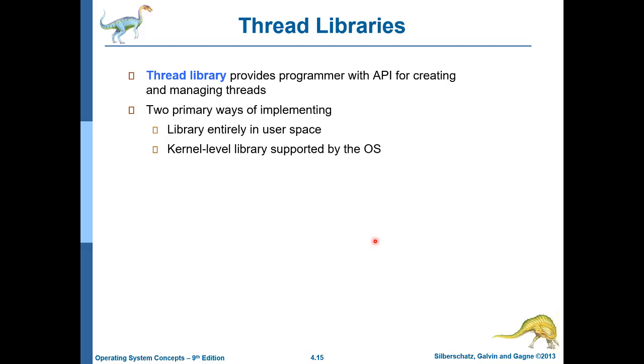So there is a compromise of having implementation in either user space or in the kernel space, with some provision from the operating system. This topic is not that important because it is related to implementation of thread libraries, so we are not going into the detail.